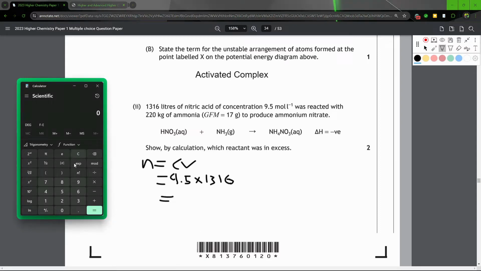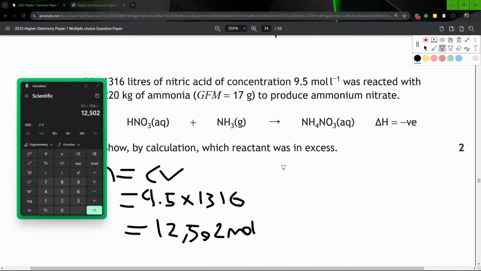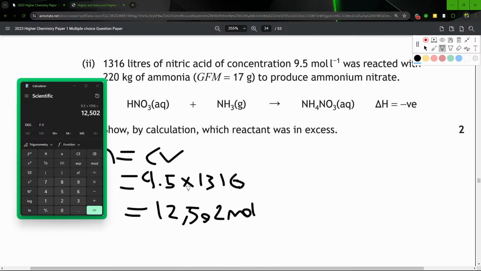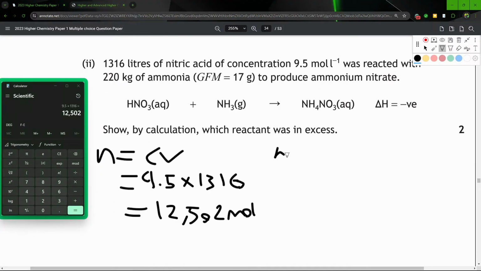So let's just go and quickly do that. That's 12,502 moles. And their mole ratio is 1 to 1, so we want to see which of these numbers is higher, effectively. Then we're going to use the mass, the mole mass equation. The mass is 220 kilograms, but we want to use grams, so it'll be 220,000.